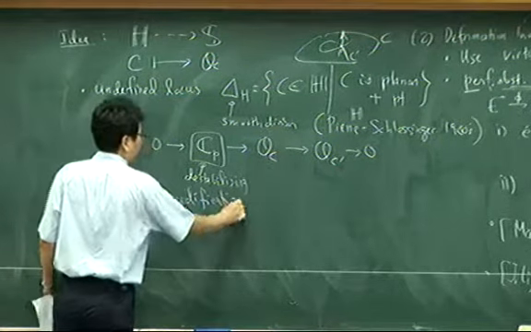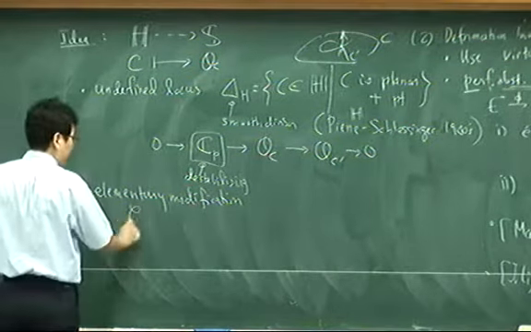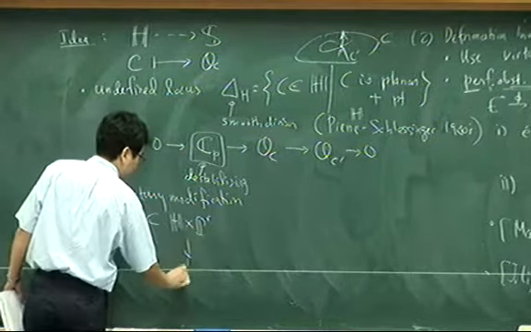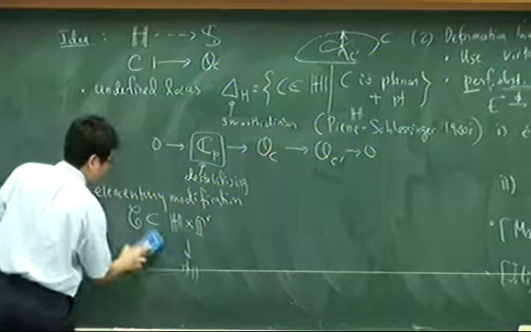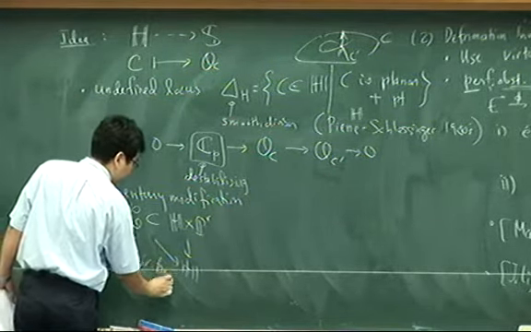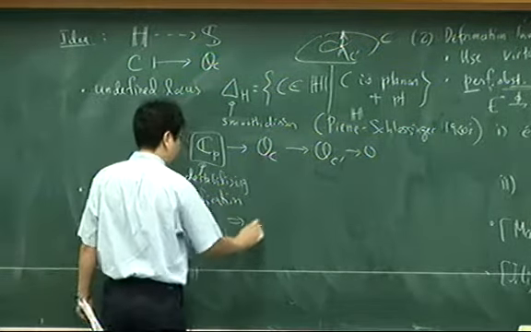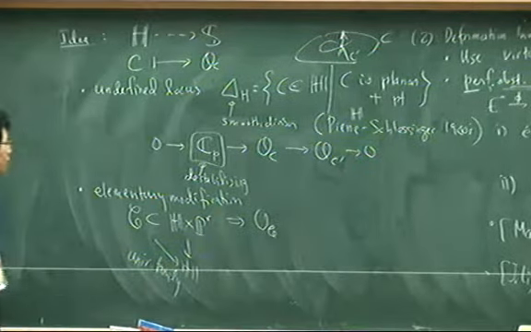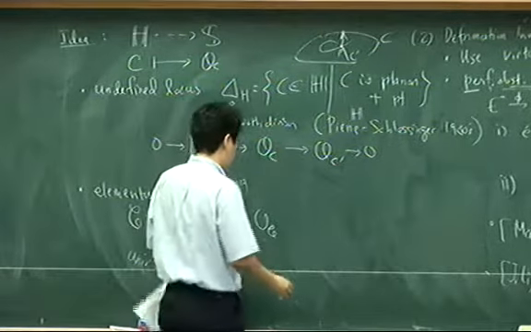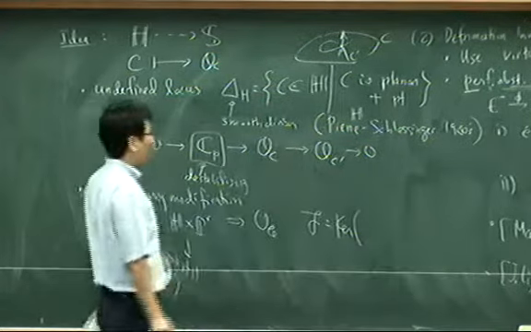For this, you need a family of sheaves. So you start with the universal family over H cross PR over H, which goes to H. This is a universal family. And we take the structure sheaf, so this is a family of sheaves on PR parameterized by H. Then we let F be the kernel of the following composition.